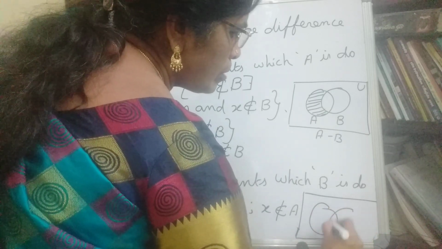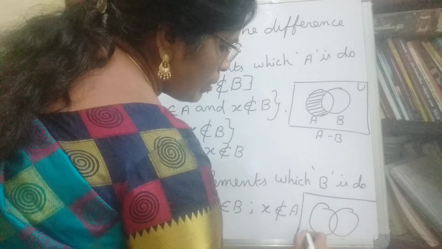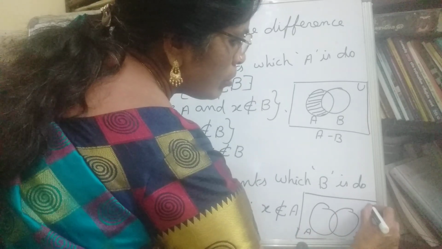this one is A, this one is B, and this is the universal set.